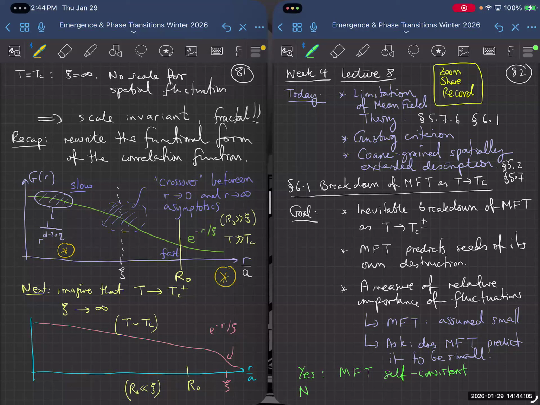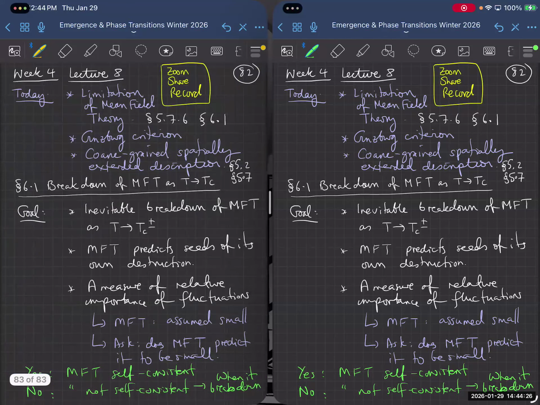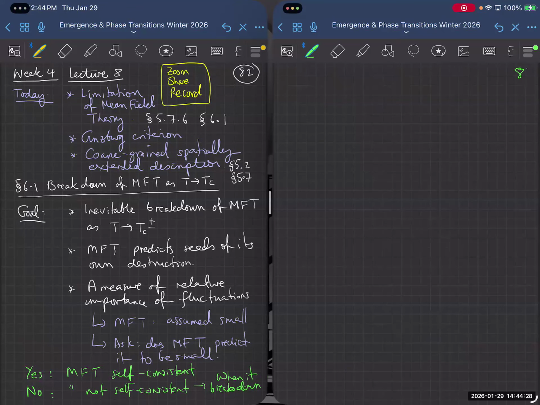And if the answer is no, then it's not self-consistent, and it will tell you when it breaks down. So that's the idea. So let's get into it.